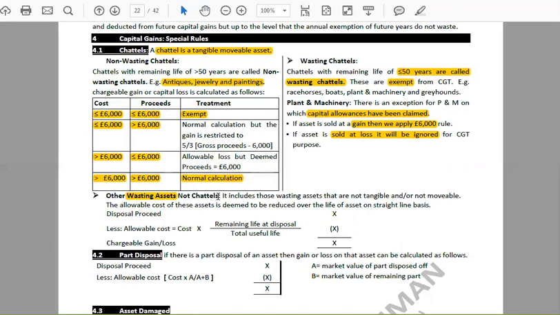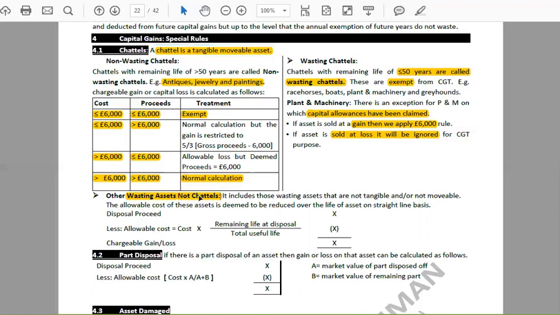And the next term is not chattels. What are the criteria to be satisfied in order to declare an asset as a non-chattel? There are two conditions for an asset to be a chattel: it should be tangible plus it should be movable.